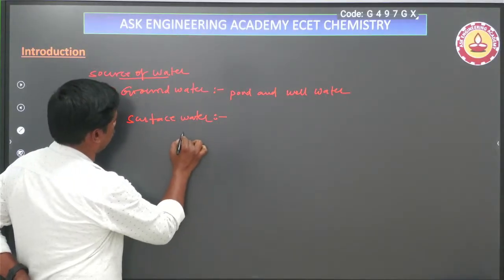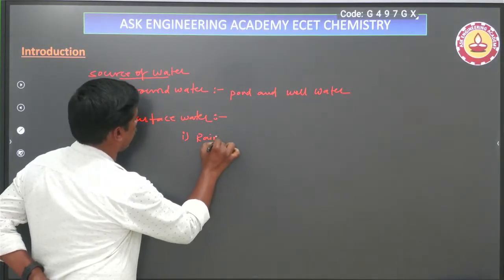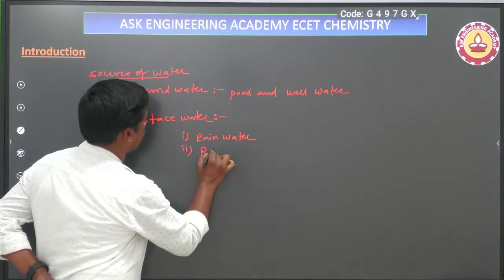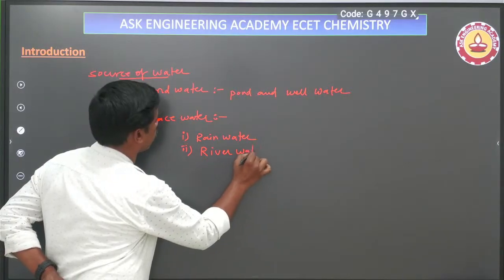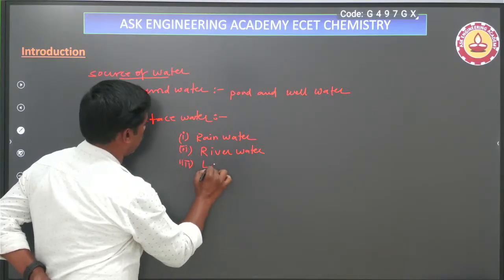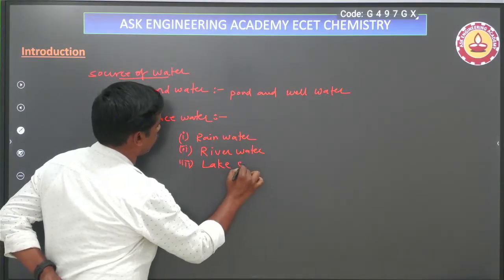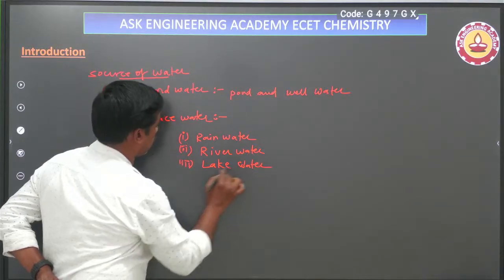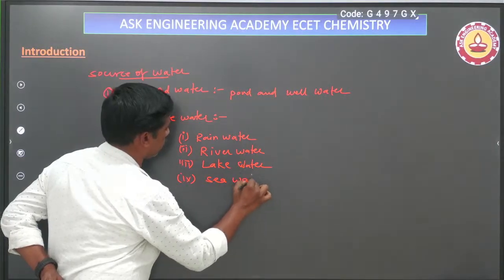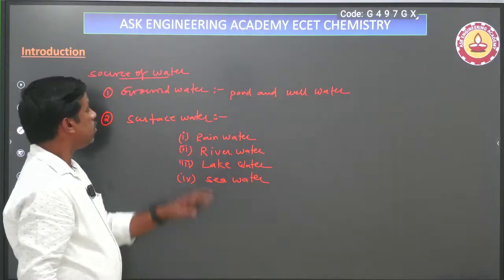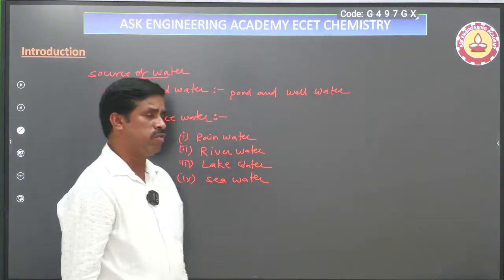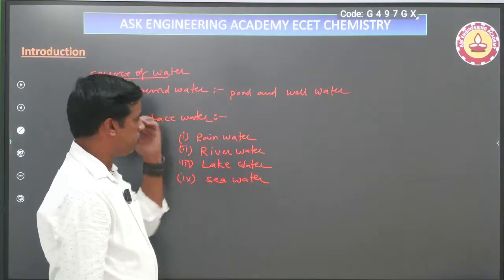Surface water: one is rain water, two river water, three lake water, fourth sea water. These are different sources of water. These waters contain many dissolved salts. That's why this water is not suitable for drinking purposes. Okay.